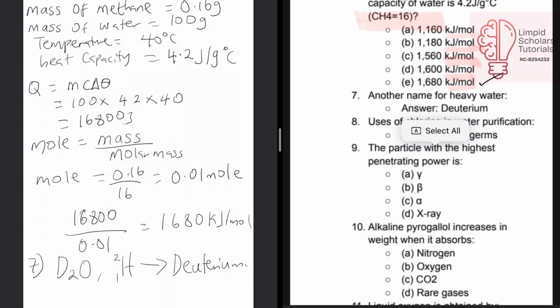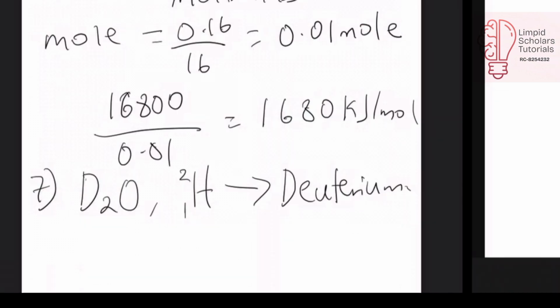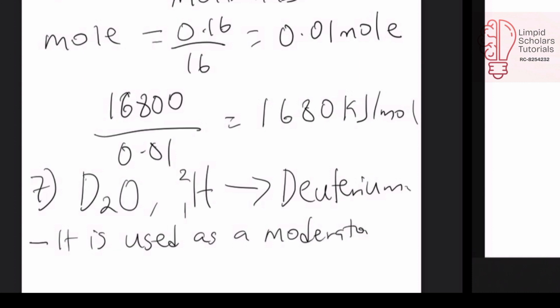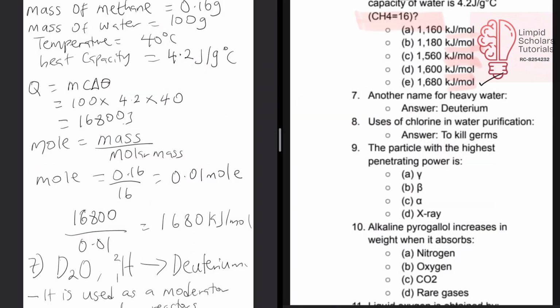It is heavier than protium because it contains an extra neutron, and it is used in nuclear reactors as a moderator.